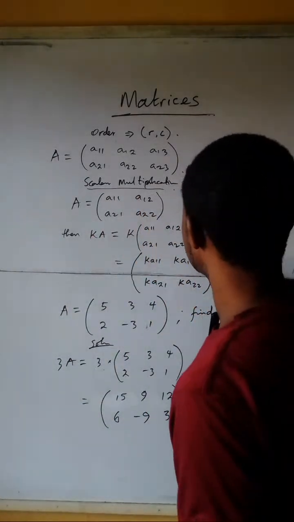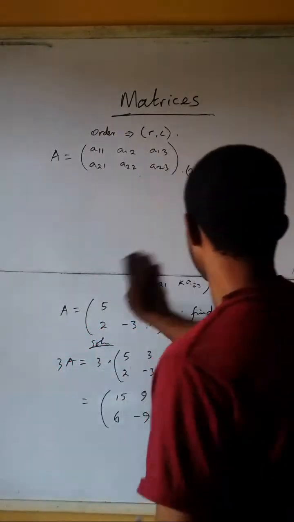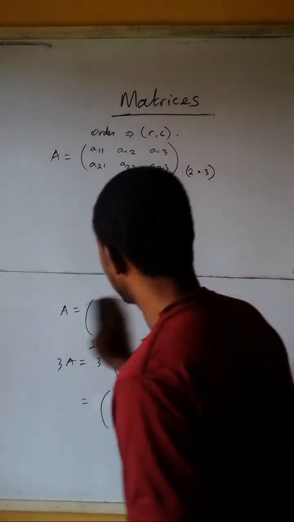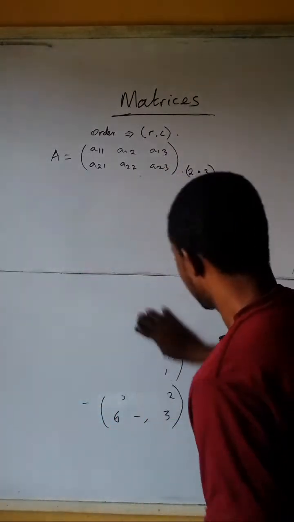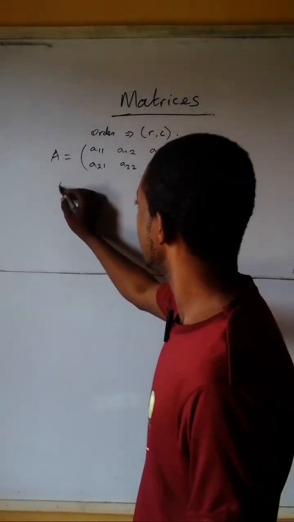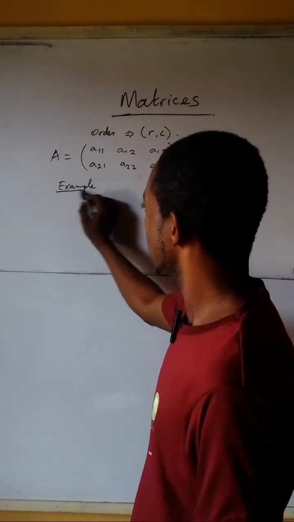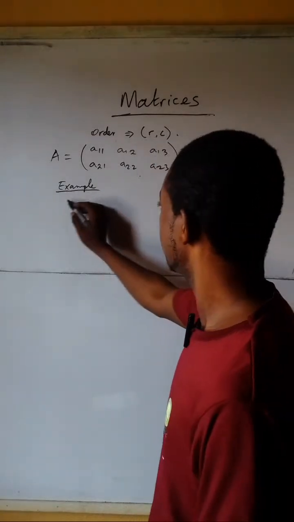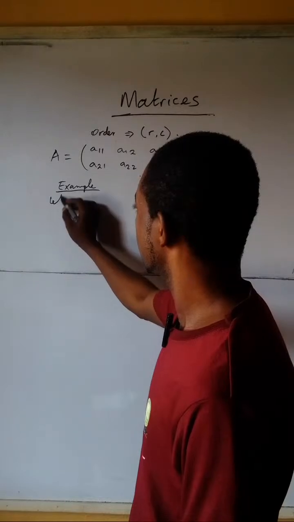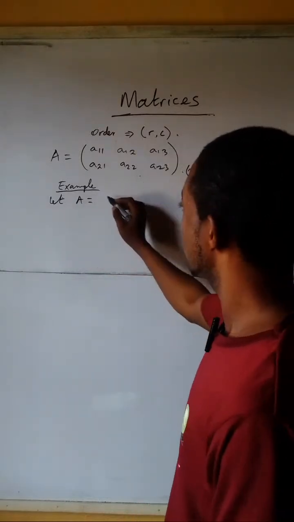We are given the following matrices. Then we are required to find something under it. So let me write the question out. That is, example. Let A be equal to a 2 by 2 matrix.